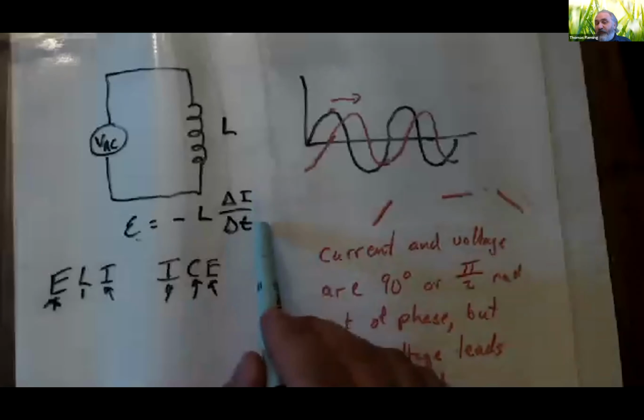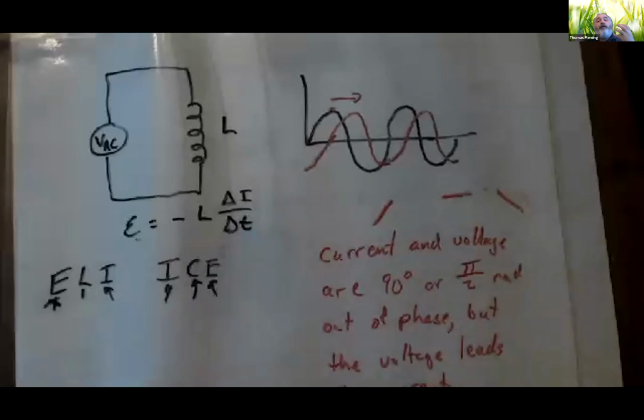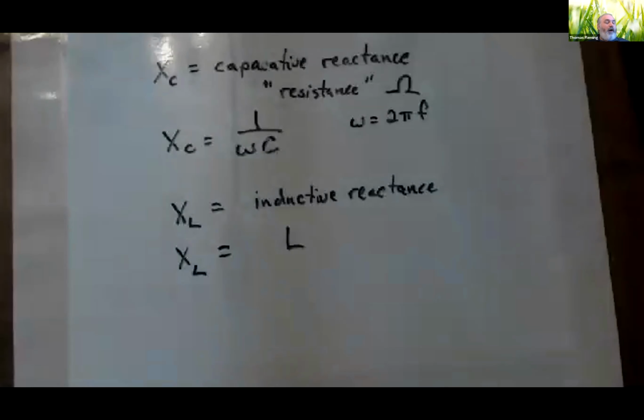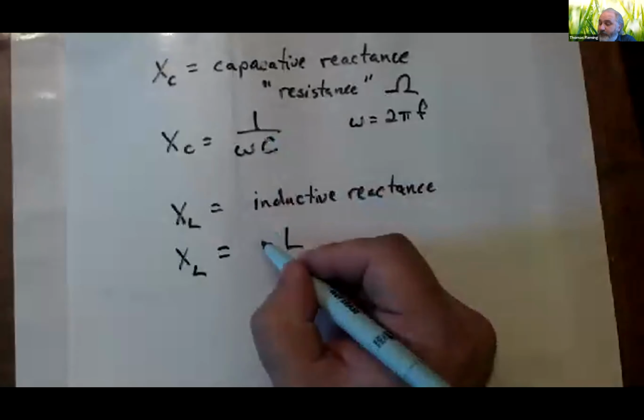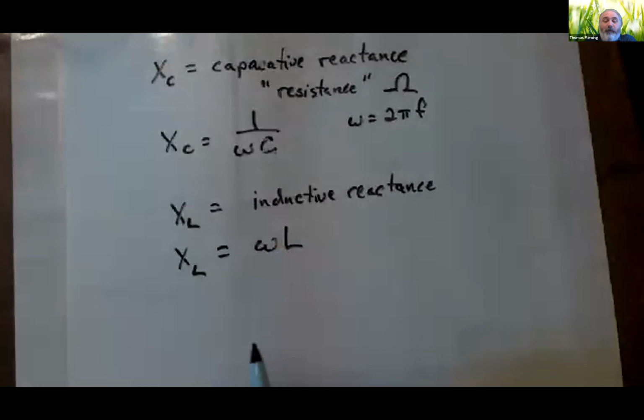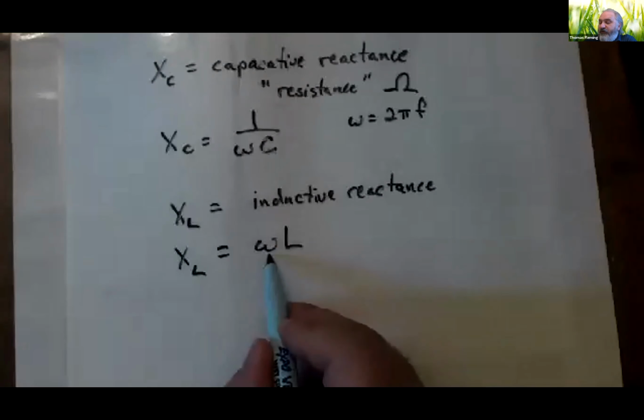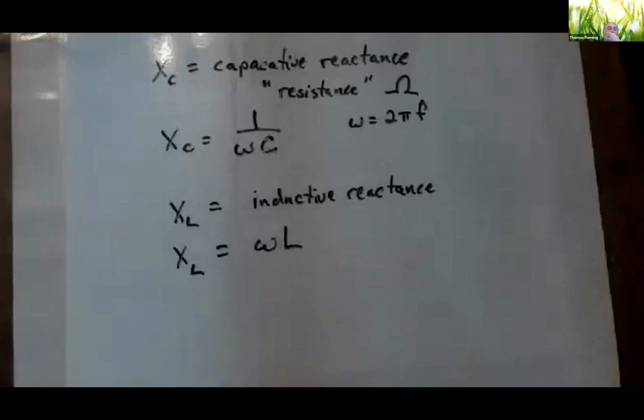So delta I over delta T is going to be super, super big for a super big frequency, which means larger frequencies are going to give me a larger reactance. So unlike the capacitor, where omega shows up in the denominator, here omega is going to show up up top. So larger frequencies, larger inductive reactance.